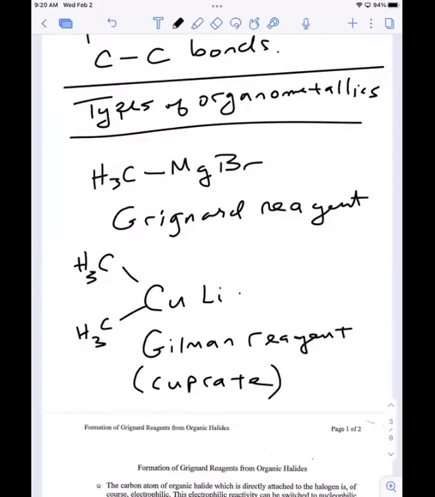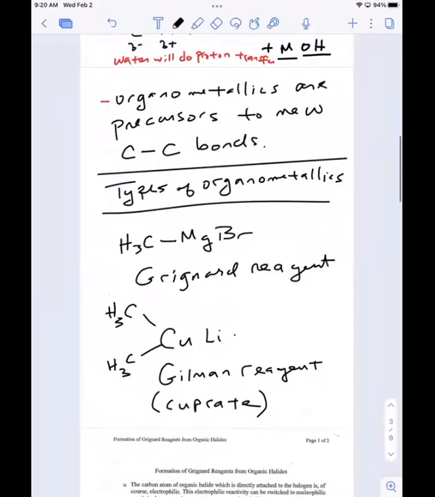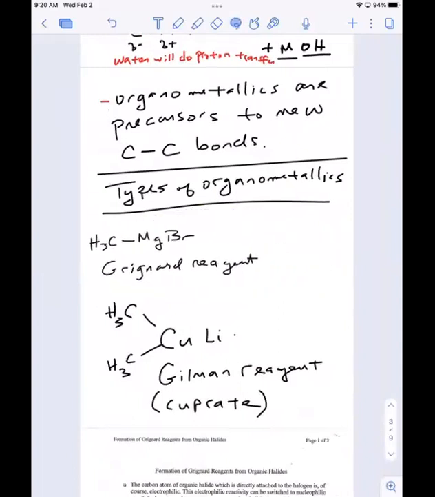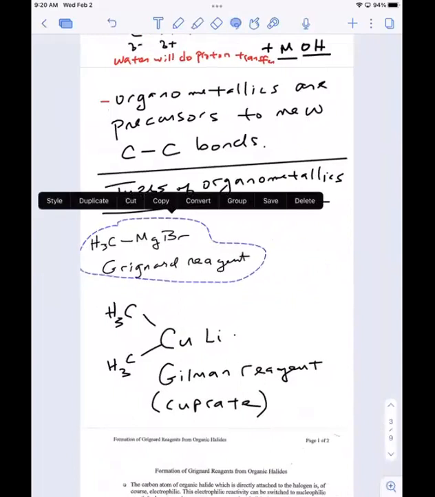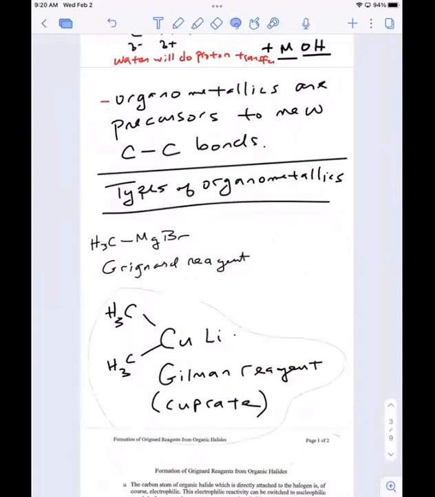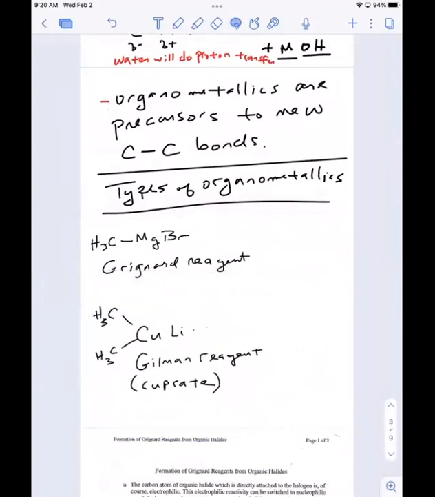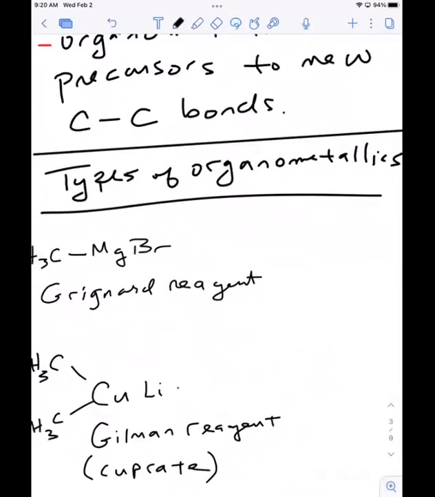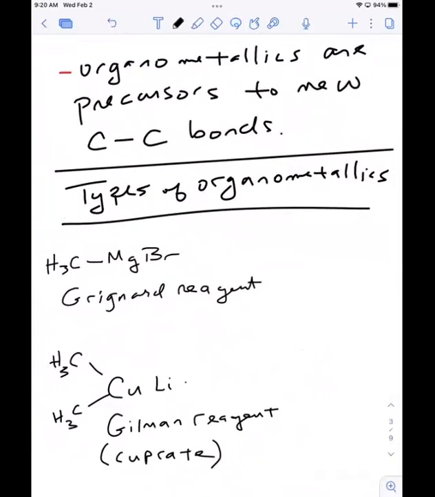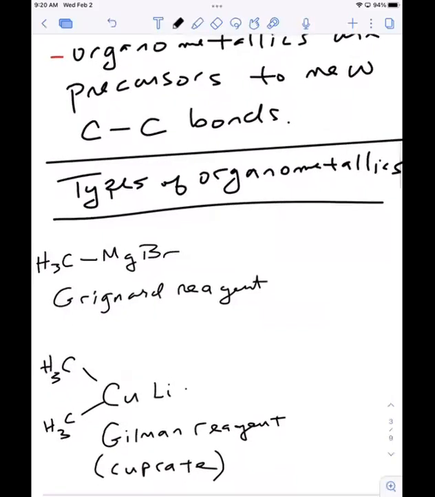All right, so let me show you the use, and then we're going to get into some more specific reactions. So with the Grignard, normally the way you make these new carbon bonds, because again, the main use for organometallics is to make new carbon bonds, normally the way you do that is to take the organometallic and react it with an alkyl halide.